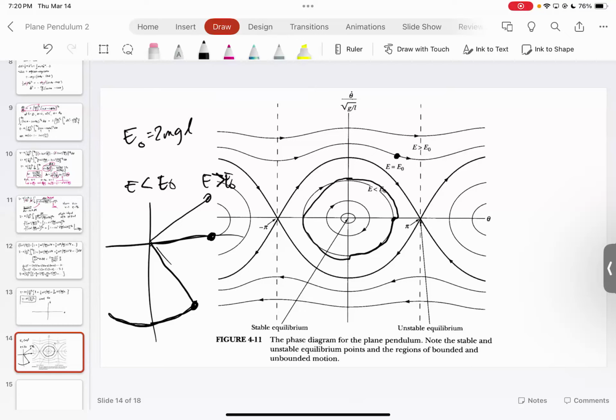Mag-move siya towards the maximum position, which is this one. Right? Pagkatapos, meron siyang angular velocity. Ito yung angular velocity niya. From a large angular velocity to a slightly smaller angular velocity. So mataas na angular velocity, pagdating niya rito, bababa lang ng konti yung angular velocity niya.